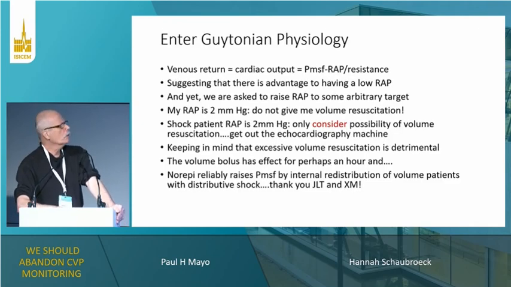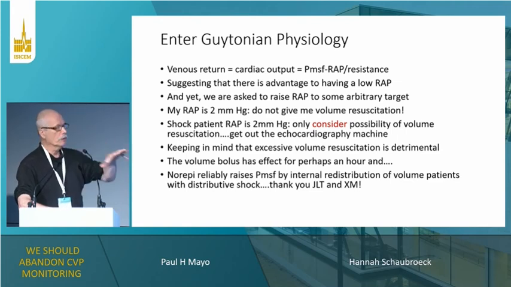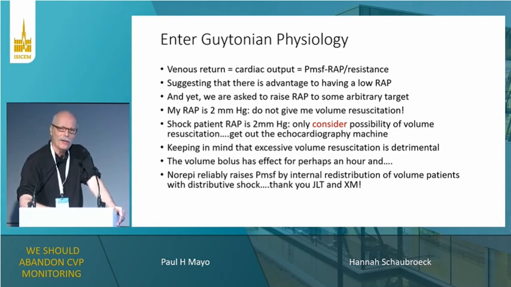So there are some Guytonian issues here, which Dr. Teboul has referred to. He reminds us that venous return, which equals cardiac output, is the mean systemic filling pressure minus the RAP over the resistance to inflow. And this suggests in an odd way that it's advantageous to have a low RAP.